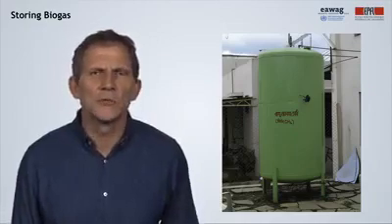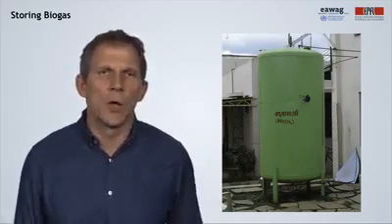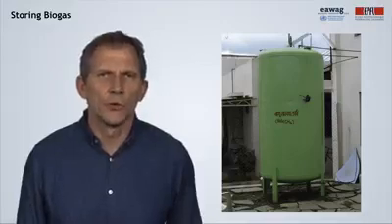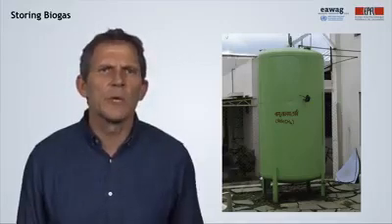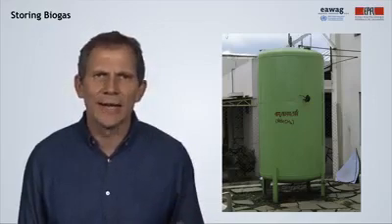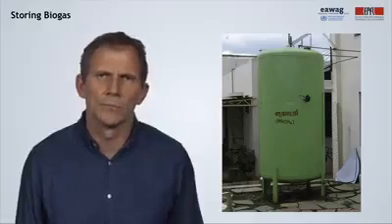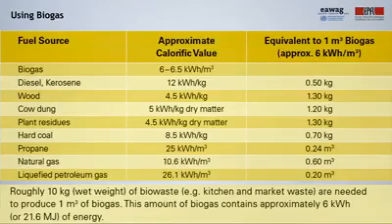The Indian Institute of Technology in Delhi is engaged in research on bottling of biogas for use as fuel in three-wheeled vehicles. They combine conditioning and cleaning of biogas and compression. In an uncompressed form, the energy content of 1 cubic meter of biogas corresponds to around half a liter of diesel.